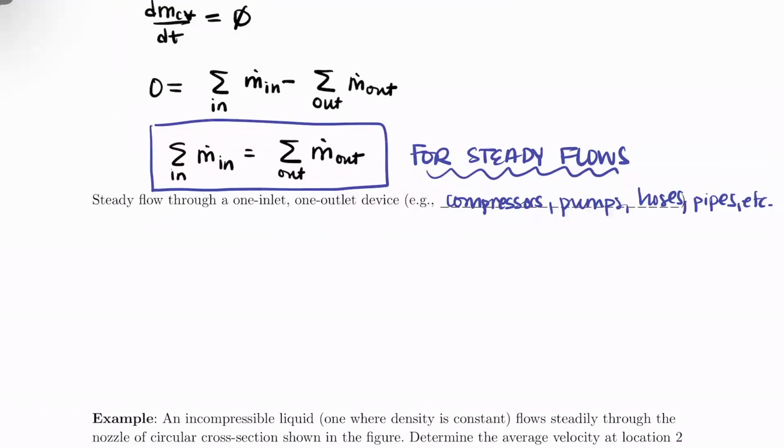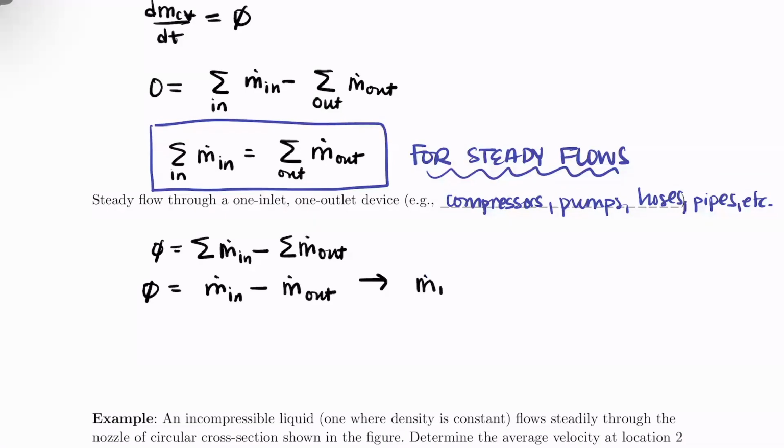We start with our equation that 0 is equal to the sum of m dot in minus the sum of m dot out. Since there's only one input and one output, we have just that 0 is equal to m dot in minus m dot out, or m dot in is equal to m dot out, which we can just call some flow rate m dot, right? Because they're the same.